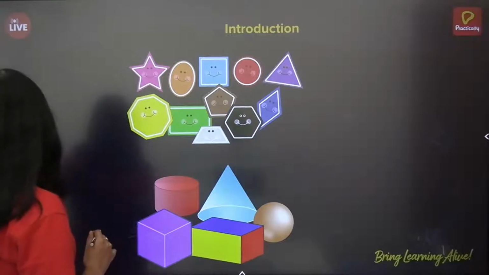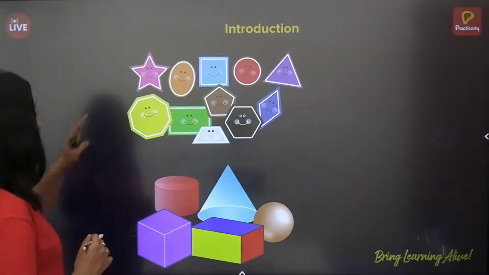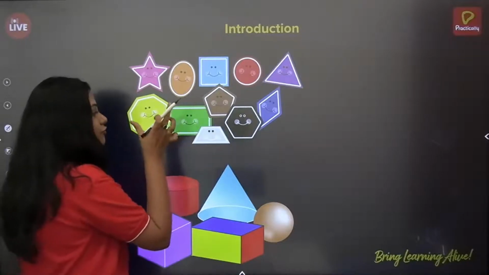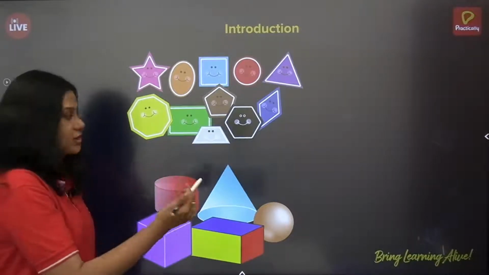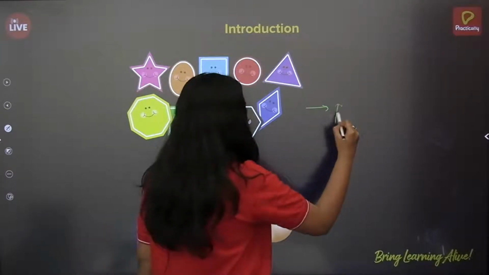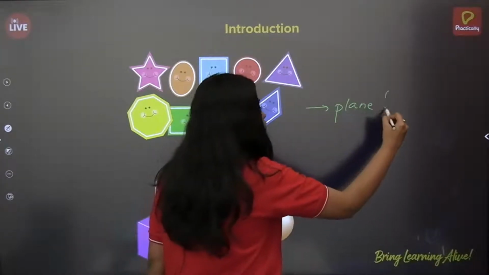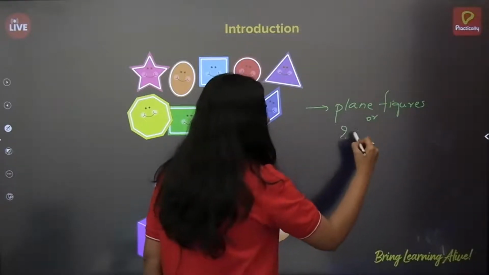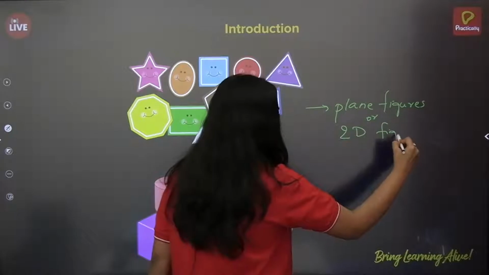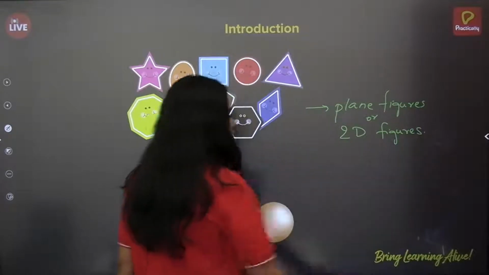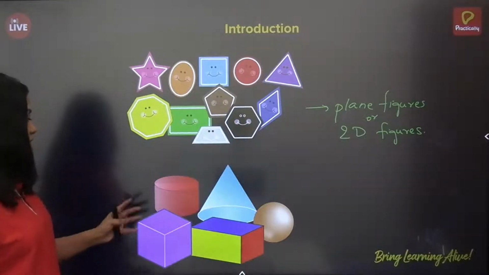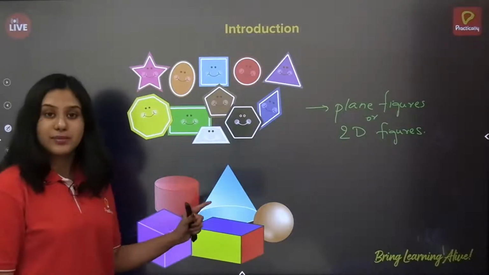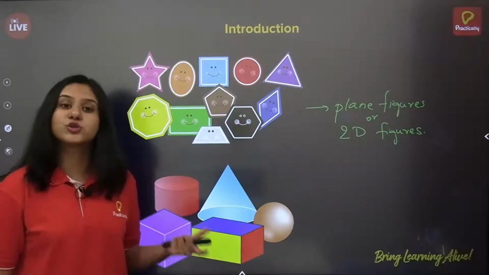The first set of figures represent plane figures, or in other words, you can also call them two-dimensional figures or 2D figures. The next set of figures you see here are called three-dimensional figures, or you can call them solid figures.